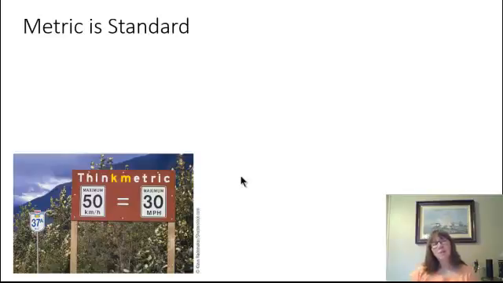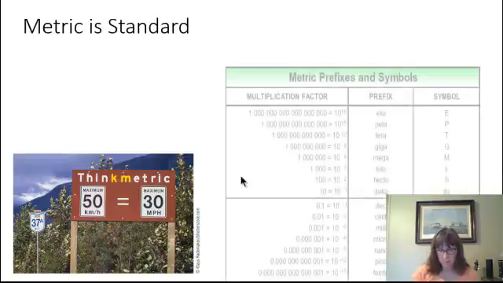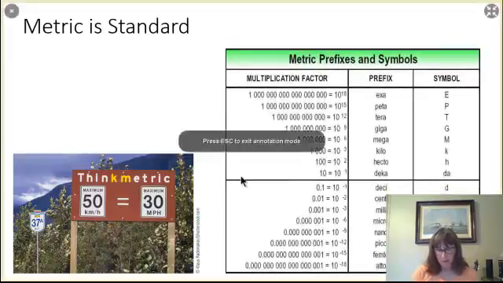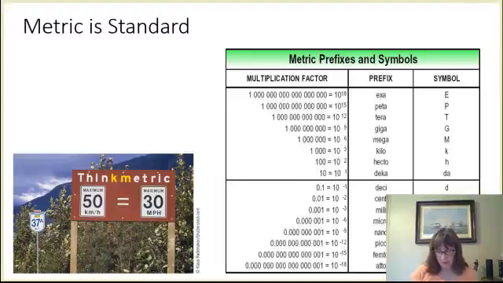So the metric prefixes I need you to know are coming up. But here's a little reminder of the metric versus the English system. So here we have 30 miles per hour is equal to 50 kilometers per hour. Okay. So here's a bunch of metric prefixes.